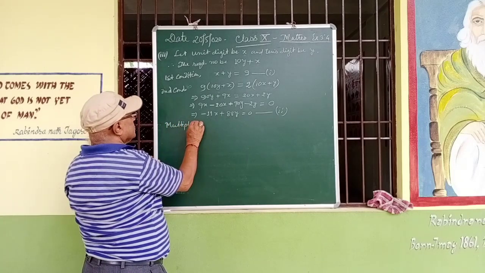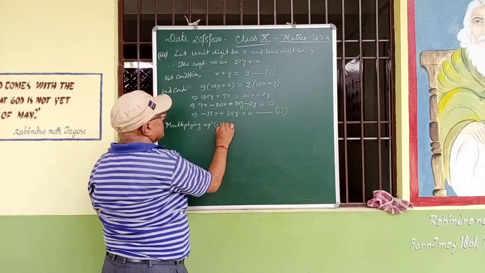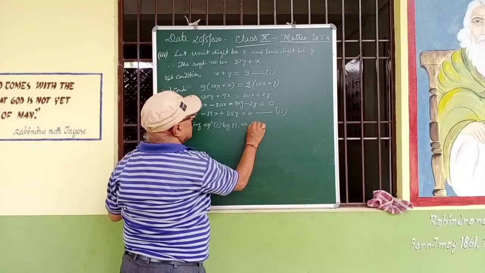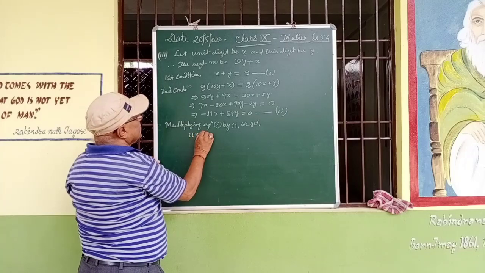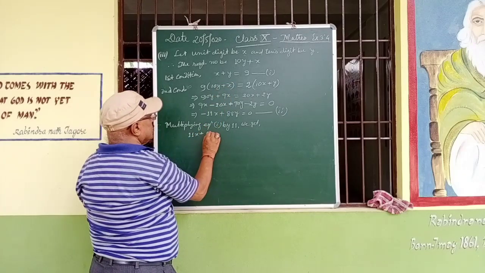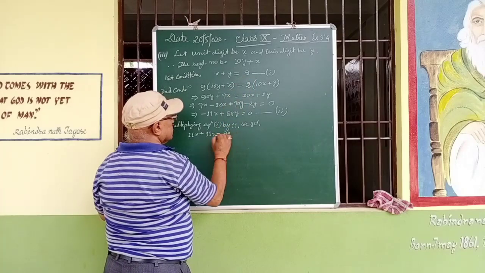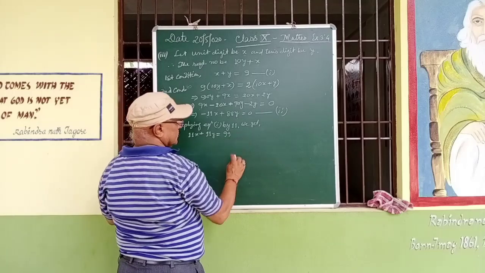Multiplying equation 1 by 11, we get 11x plus 11y is equal to 99, and equation 2 by 1.